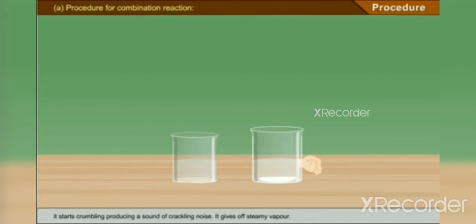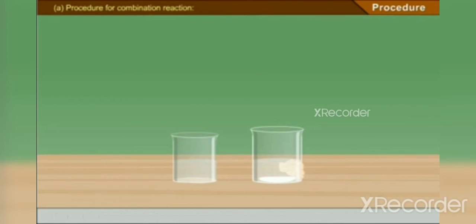After some time, we will see that some white mass settles down, and we can see the clear solution, and the beaker will be hot if we touch the beaker.